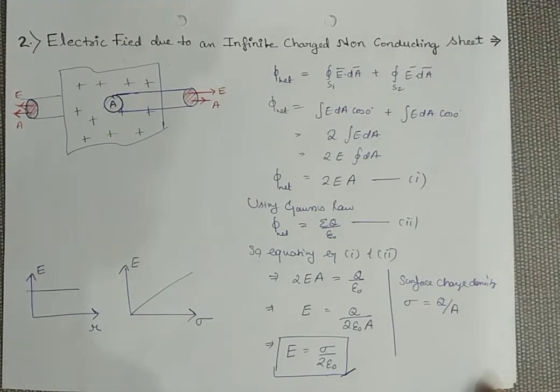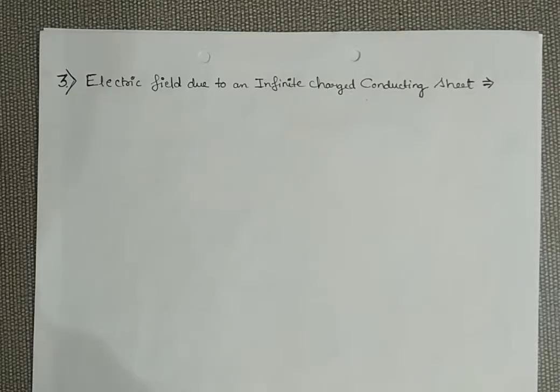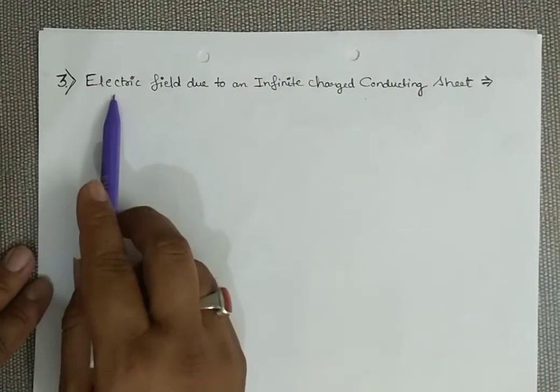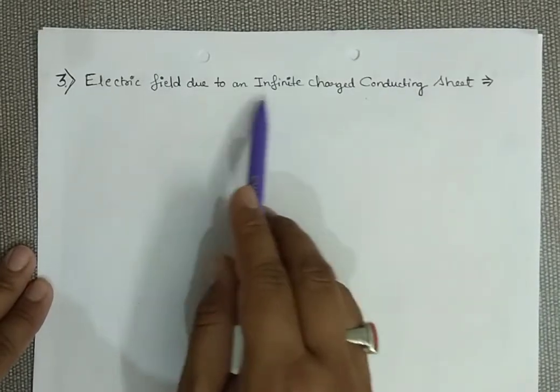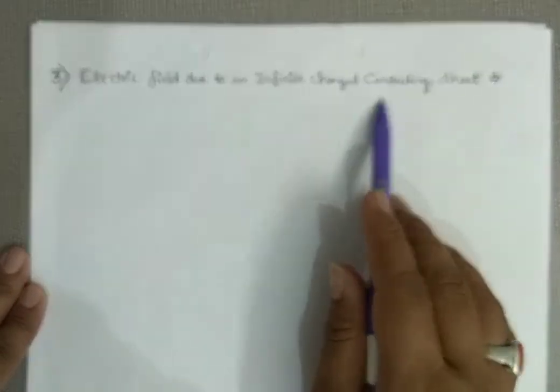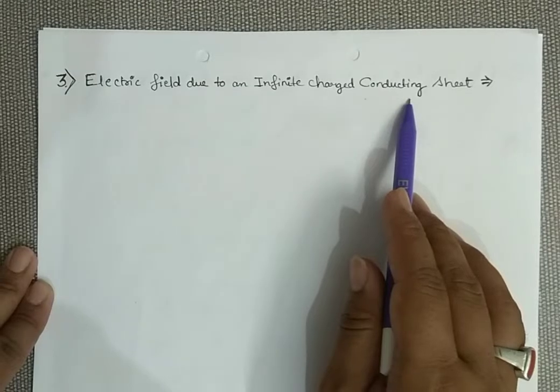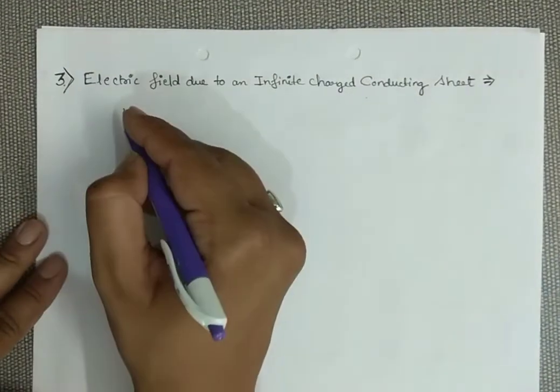Now move to the third one, and we will solve it for a conducting sheet. Here we have to find the electric field due to an infinite charge, but this time I am taking a conducting sheet.